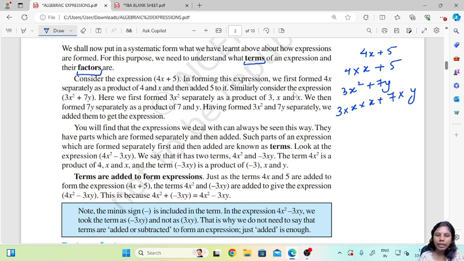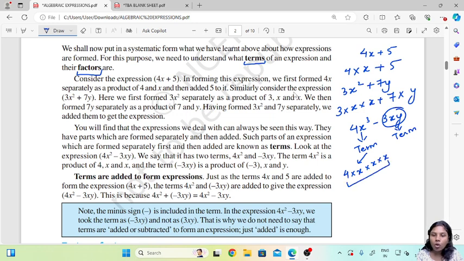Now let's look at this example, 4x cube minus 3xy. In this case, this 4x cube as a whole is a term. It is one term, and so is 3xy. This as a whole is a term. Now if you separate this out, you will get 4 into x into x into x.